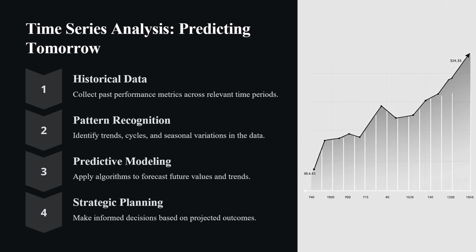From that historical data, we can recognize the patterns: how sales are increasing or decreasing, and how the trend is going, whether upward or downward. And we can identify the seasonal variations in the data also.